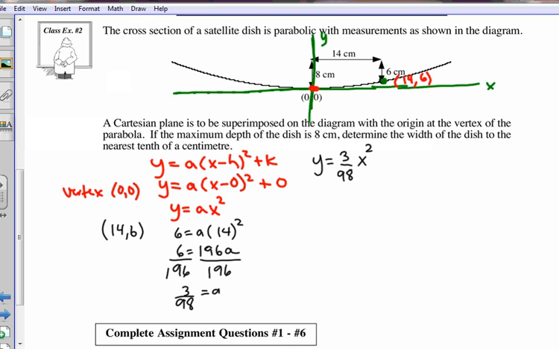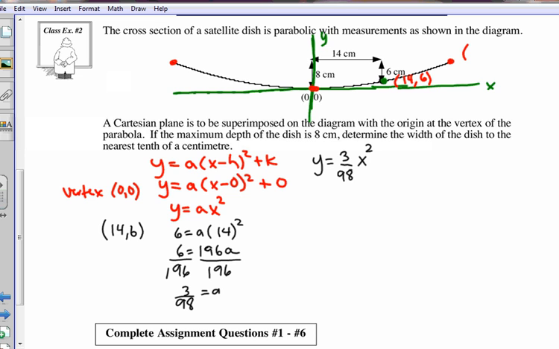It says determine the width of the dish. The width. So if we knew what point could we figure out the width? Both of the endpoints. If I knew one of these endpoints, we could figure out the width. Yeah, because it'd be double.